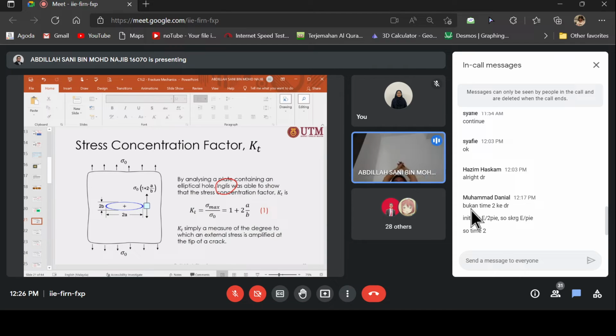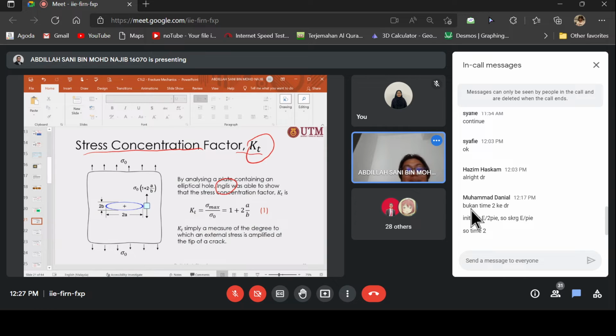He quantified it, expressed it in an equation called the stress concentration factor, KT. What is T? I'm not sure, maybe tip. He did this by analyzing a plate containing an elliptical hole.